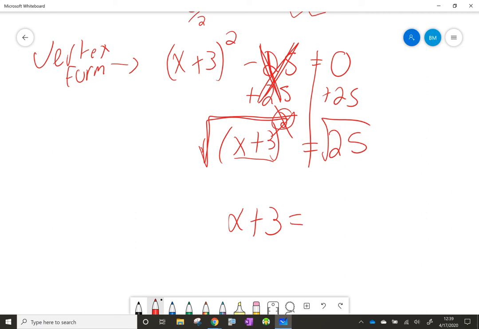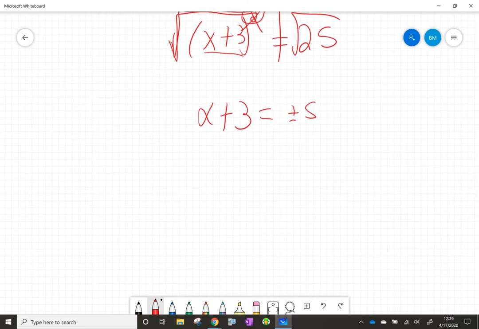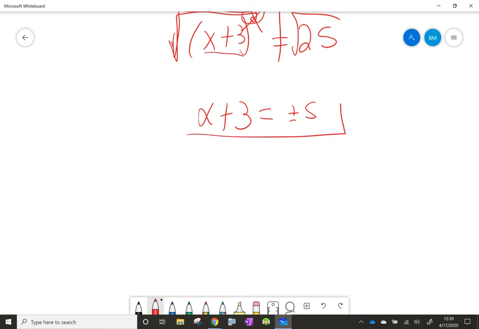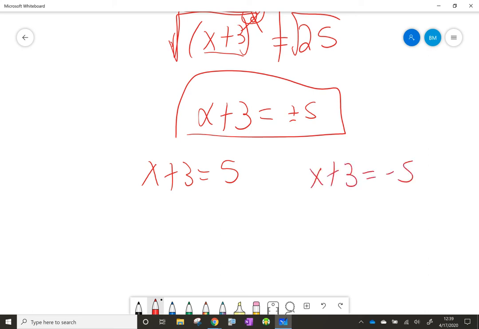But remember, you're square rooting the other side. Now, here's the really fun part. If I didn't make this confusing enough, the square root of 25 is two numbers. The square root of 25 is both a positive 5 and a negative 5. So that means we actually have two equations here. We have x plus 3 equal to a positive 5, but we also have x plus 3 equal to a negative 5.